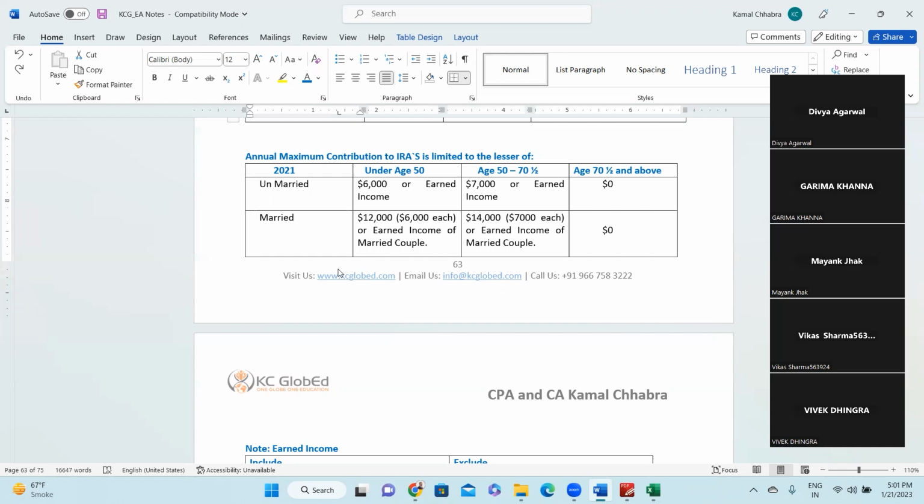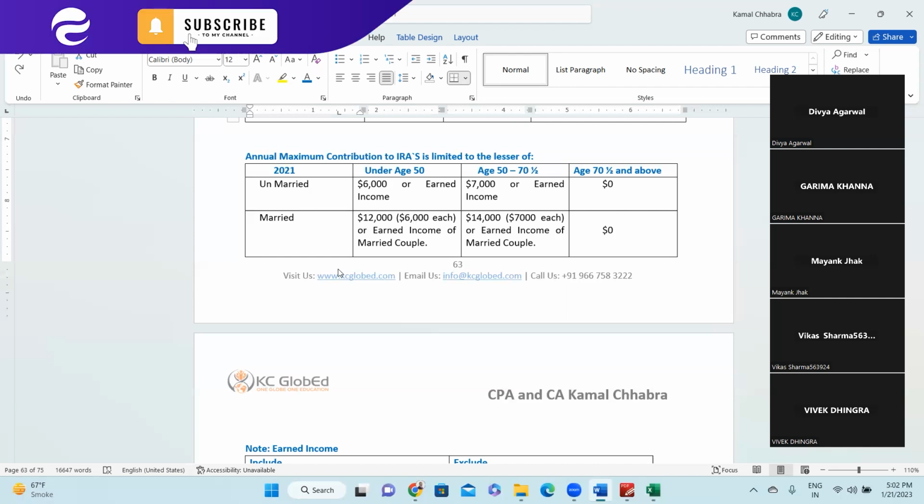So for less than 50-year age, maximum contribution can go $6,000. For 50 to 70 and a half year age, maximum contribution can be made up to $7,000. That is $1,000, which you have studied above, is the additional contribution that people can make, right? And the people who are more than 70 and a half, they are not required to make any contribution, right?